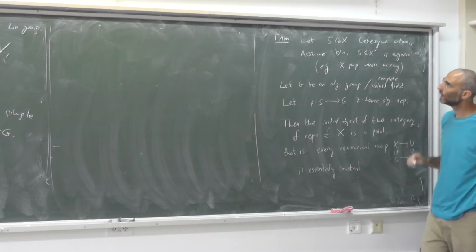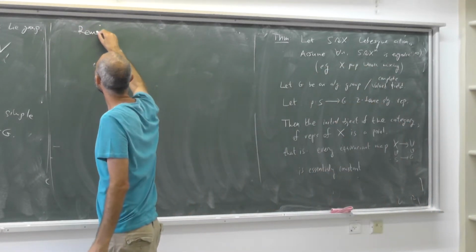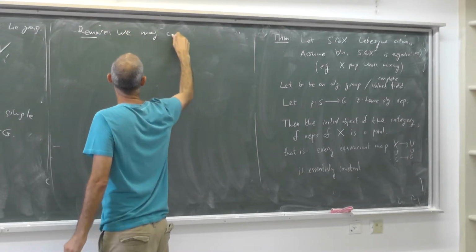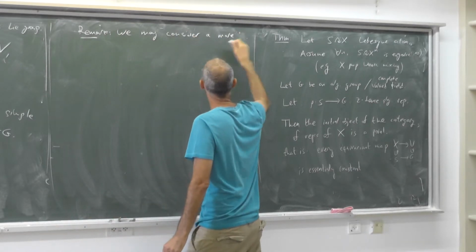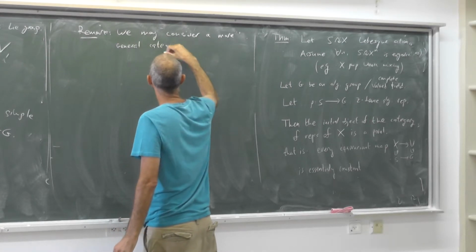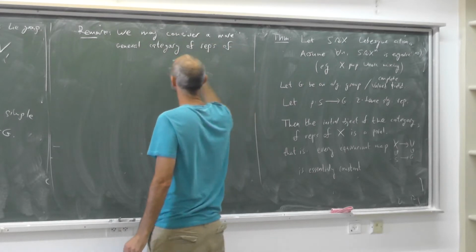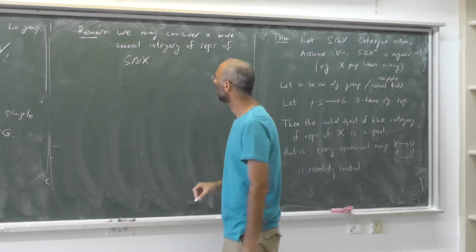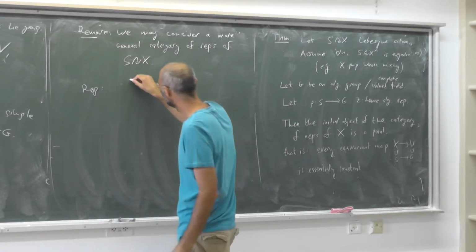I could consider here, maybe, we may consider a more general category of reps of S on X. So here a representation will be a pair.